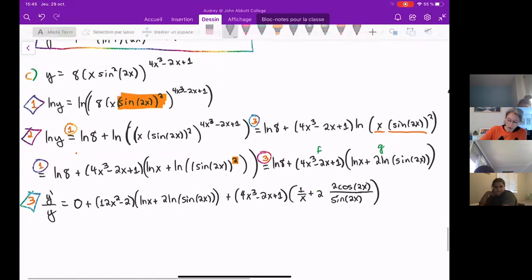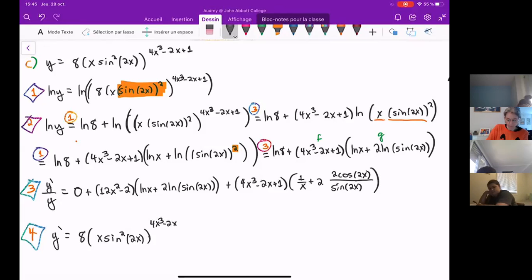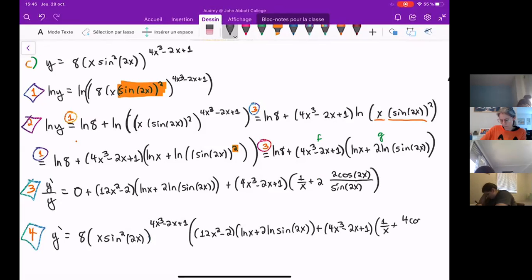And then for step 4, I bring my y over and I get that y prime is equal to the original function times my product rule. And that is my final answer.